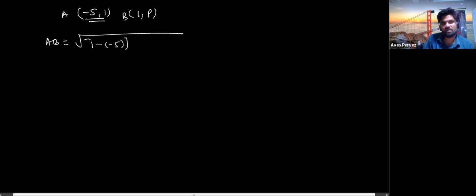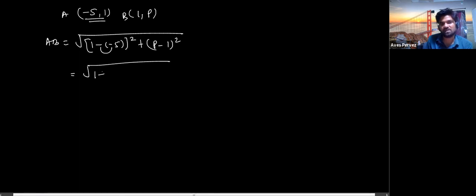So AB would be equal to under root of what? Dear student, you have to write 1 minus minus 5 whole square plus P minus 1 whole square. But this minus will get multiplied with this one, and you will get plus.